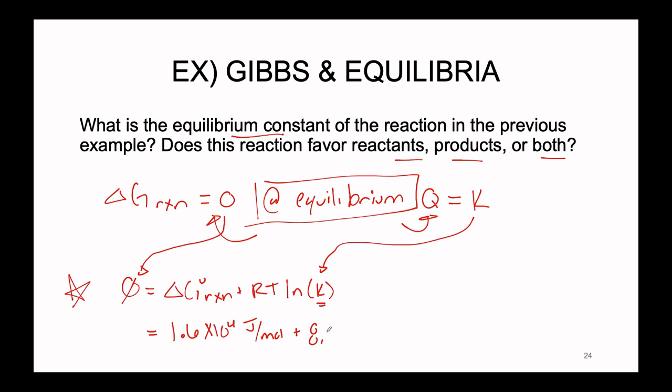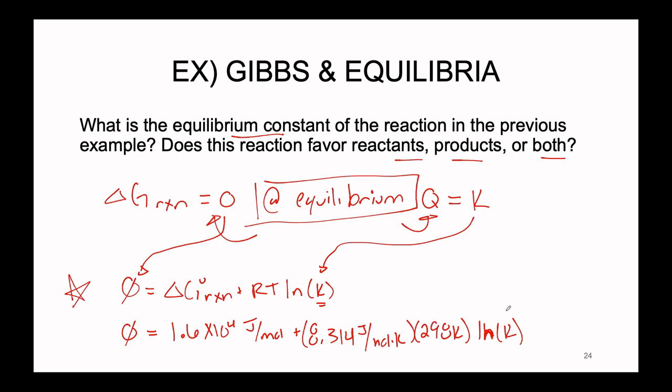Your R is going to be 8.314 joules per mole Kelvin. Temperature, we're going to assume we haven't changed it since the temperature was not stated to change. And last but not least, we have the natural log of K, and all of this is going to be equal to 0.